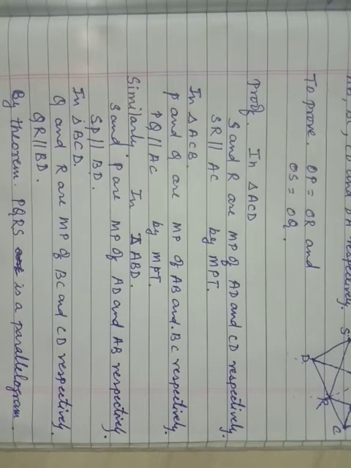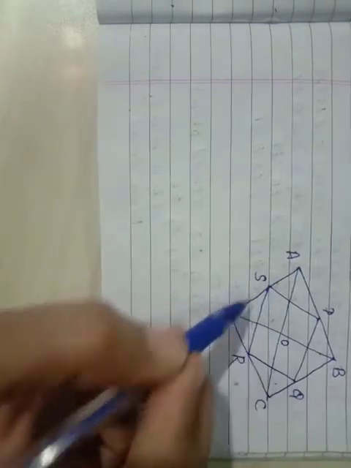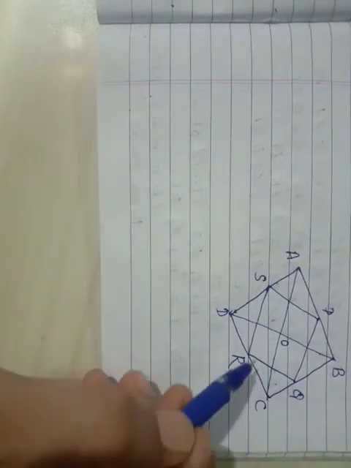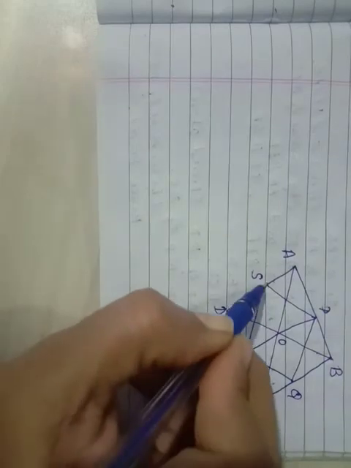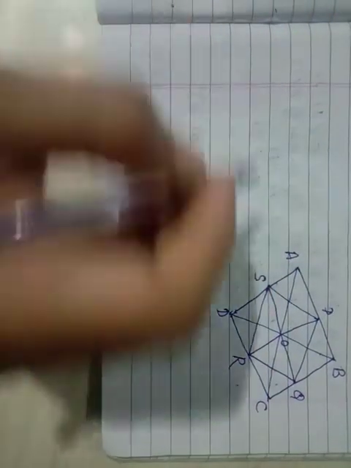And we know that in a parallelogram opposite sides are parallel and diagonals bisect each other. So we can say that PQRS is a parallelogram and diagonals PR and SQ bisect each other at O.